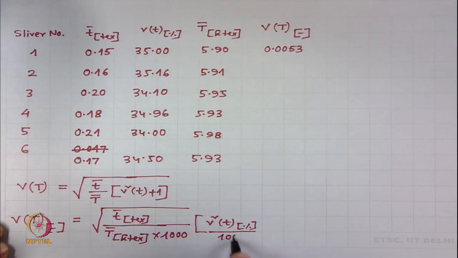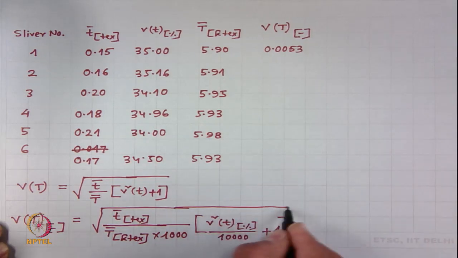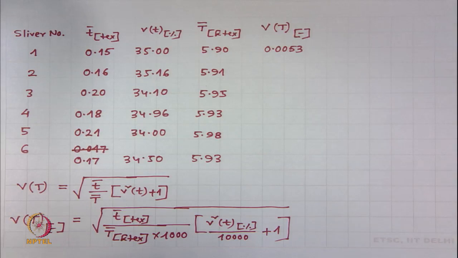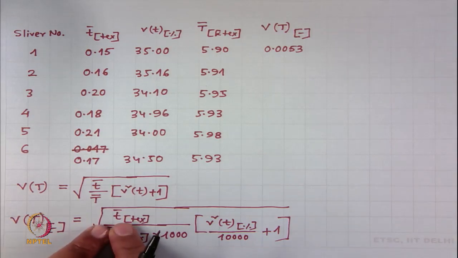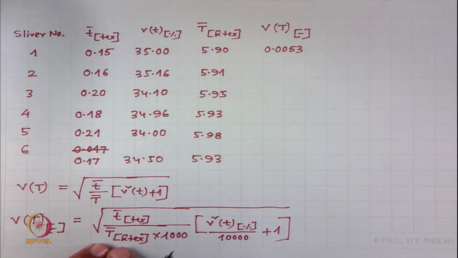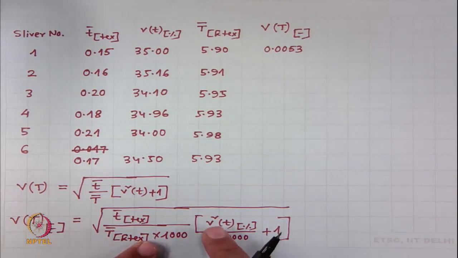So, the square quantity, right, after square plus 1. So, the first reading I will tell you, 0.15 divided by 5.90 into 1000 into 35 square divided by 10,000 plus 1, this will lead to 0.0053.